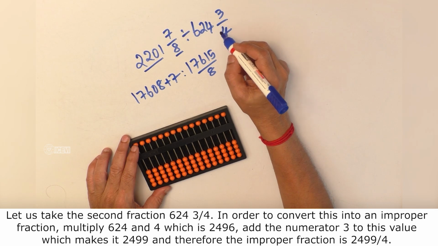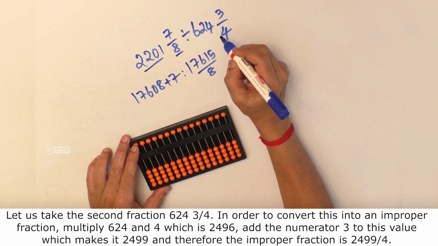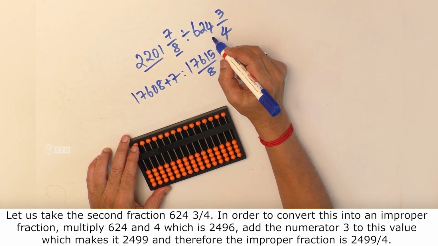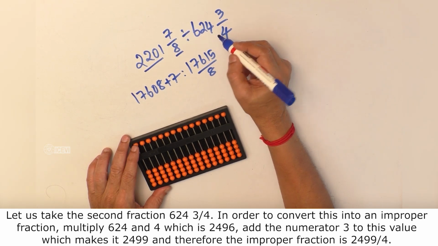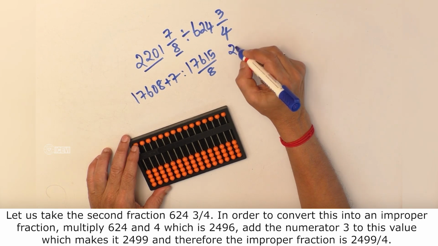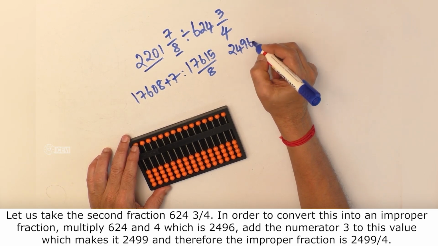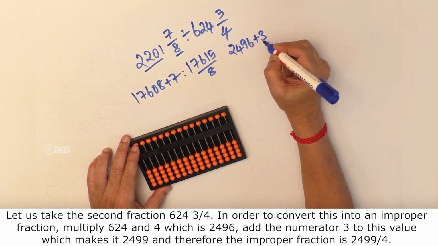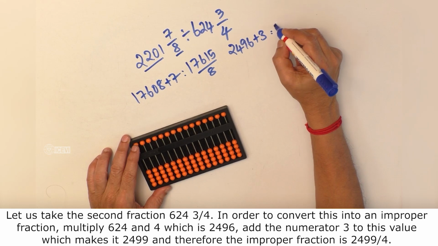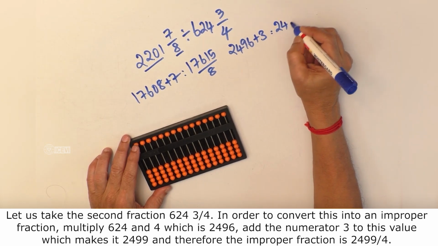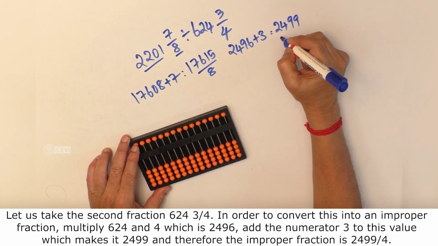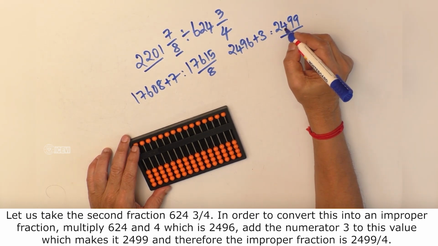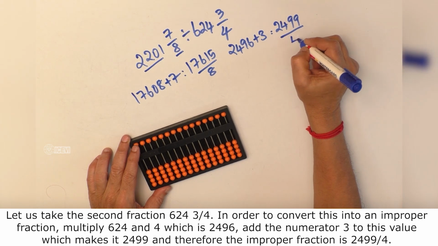Let us take the second fraction, 624 3 by 4. In order to convert this into an improper fraction, multiply 624 and 4, which is 2496. Add the numerator 3 to this value, which makes it 2499, and therefore the improper fraction is 2499 by 4.